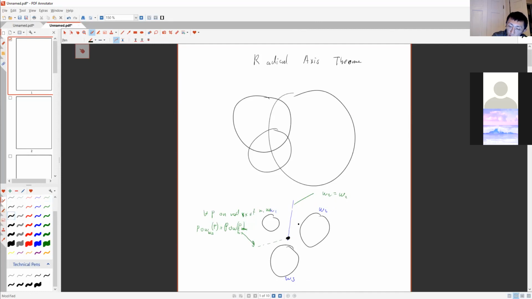So the intersection of the 2 radical axes, what must be true about that? Let's call this X. So X is on both radical axes. So not only is its power with respect to omega-1 and omega-2 the same, because it's on the blue line, also its power with respect to omega-1 and omega-3 are the same.